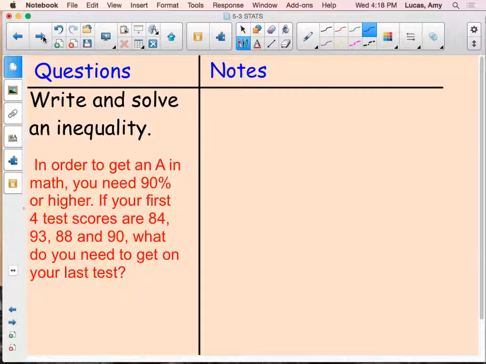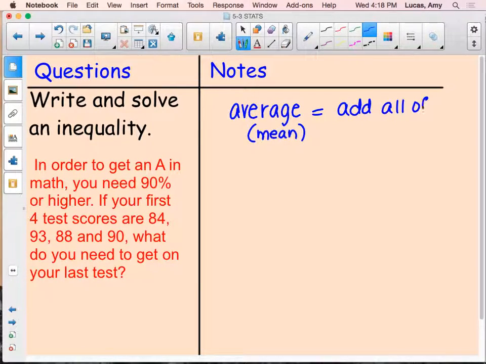Okay, so you know that when you average together to get a grade, the average or the mean, it's when you add all of the numbers up and you divide by how many there are. That's what we're going to use here. So add all of the numbers, then divide by how many numbers there are.